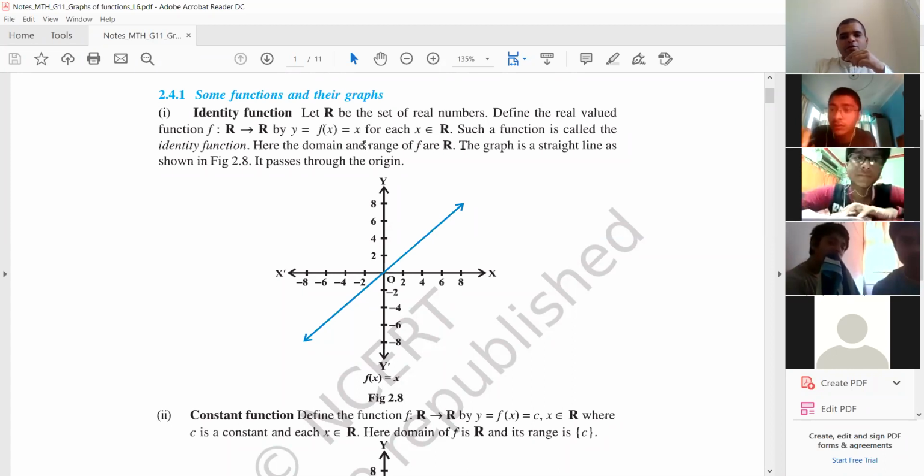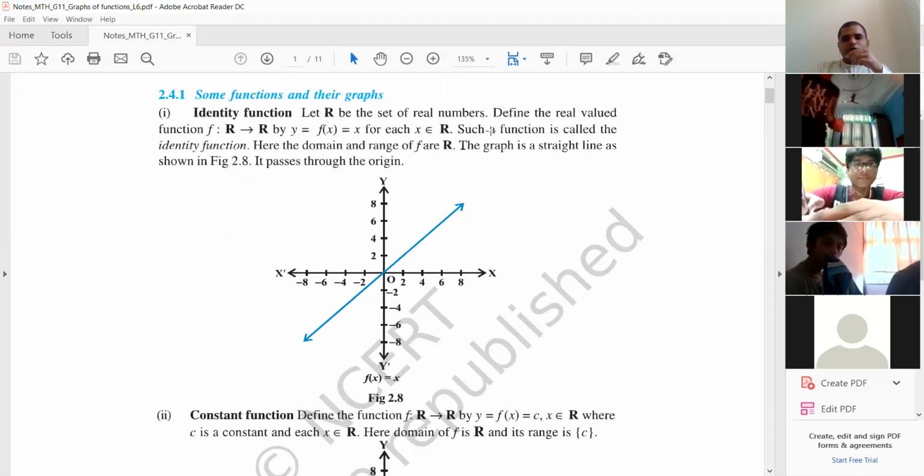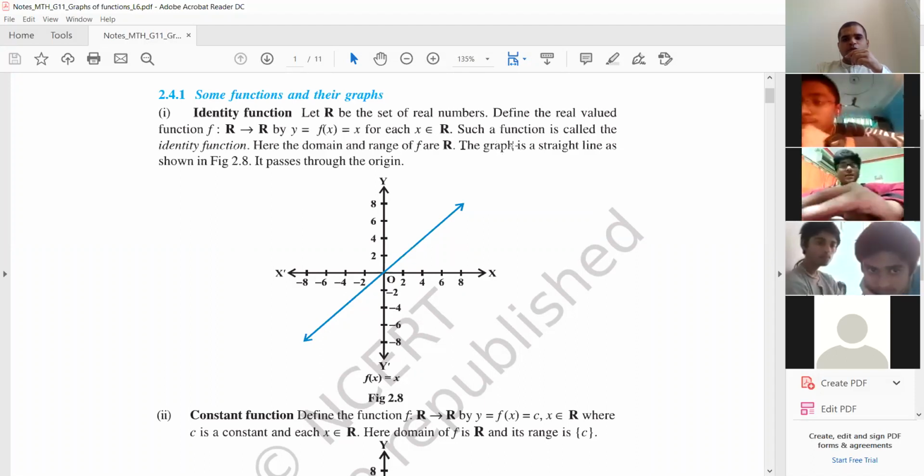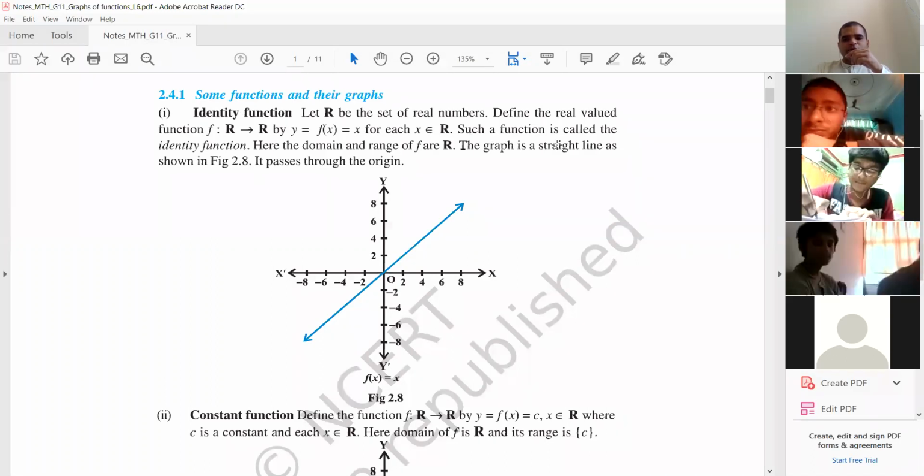How do you find the value of a function? You simply put the value of x in the function. Here our function is x² + 1, and I'm asking the value of the function at x = 2. So you put 2 in place of x, and you get 2² + 1, which is 4 + 1 = 5.